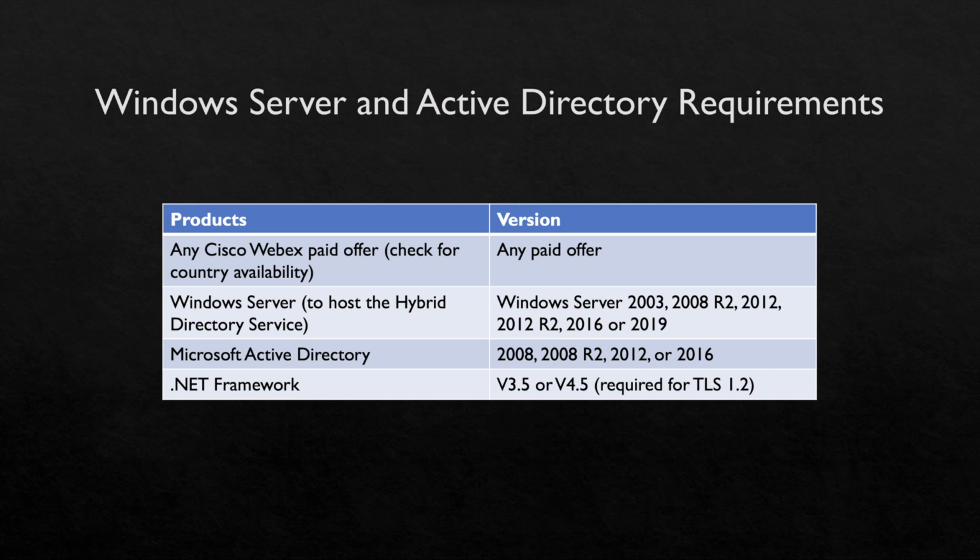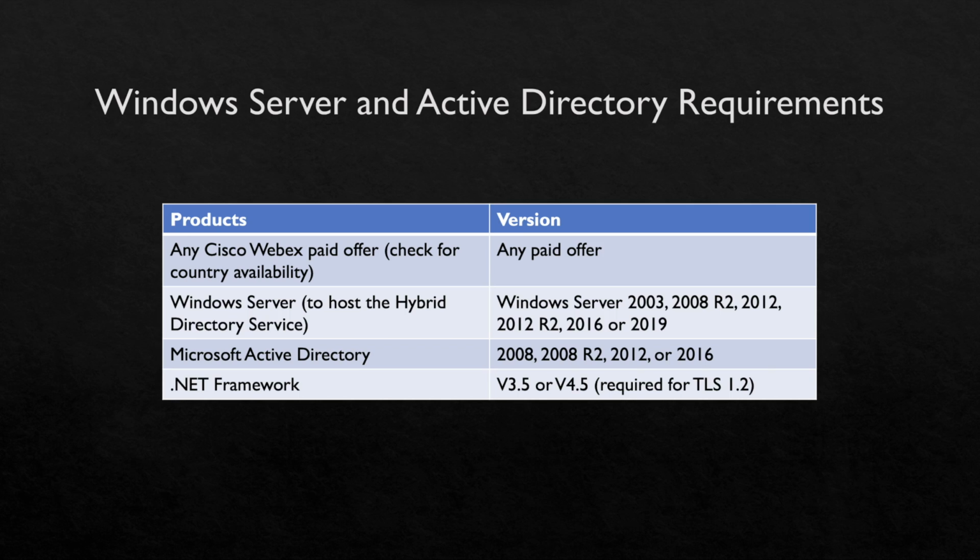You can run synchronizations, view and monitor synchronization status, and configure hybrid directory service using the Directory Connector user interface. Customers can download Cisco Webex Hybrid Directory Service from the Cisco Webex Control Hub free of charge. The table you see on this slide identifies the Windows and Active Directory requirements in order to support the Directory Connector integration.